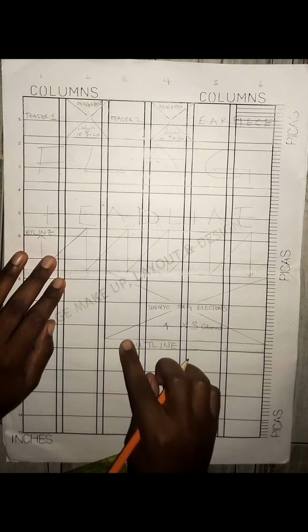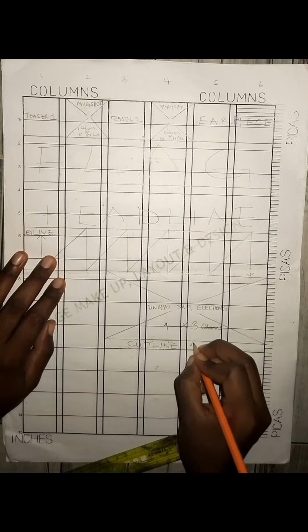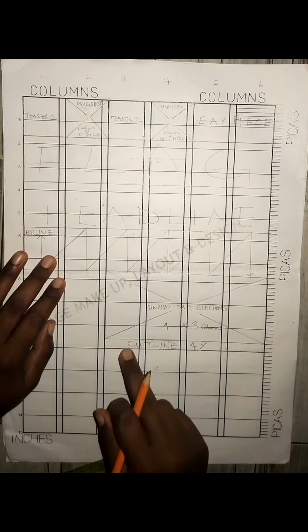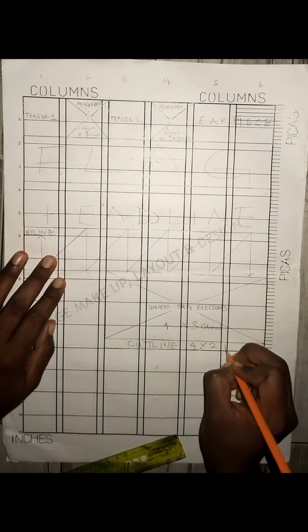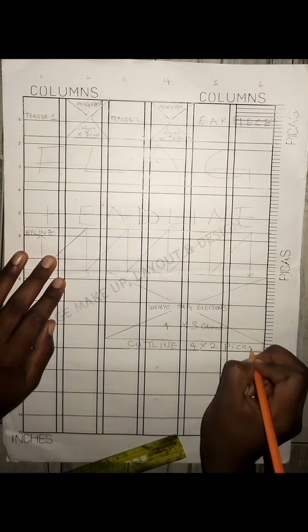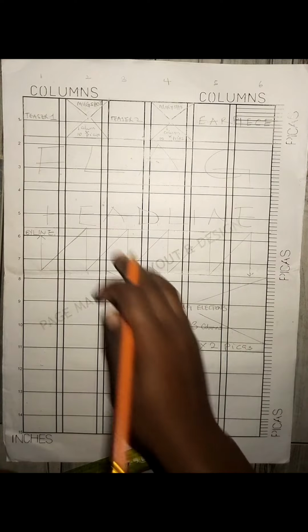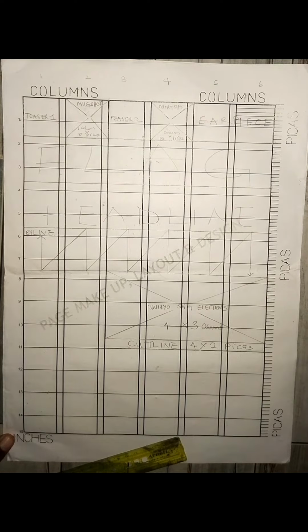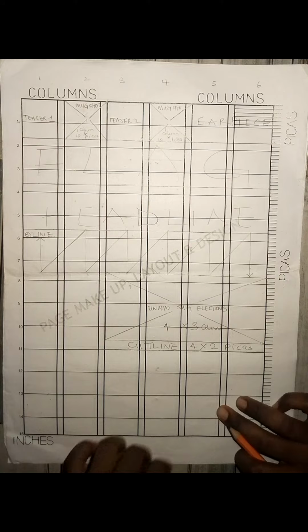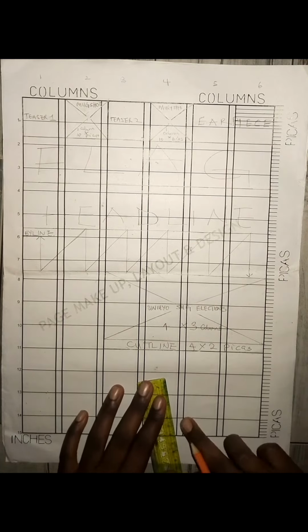And then the measurements. Of course, you see that the measurement is 4 columns by 2 picas. So just write 4 by 2 picas. Okay, 4 by 2 picas is enough. So having done that, you're going to now do the rest of the story.